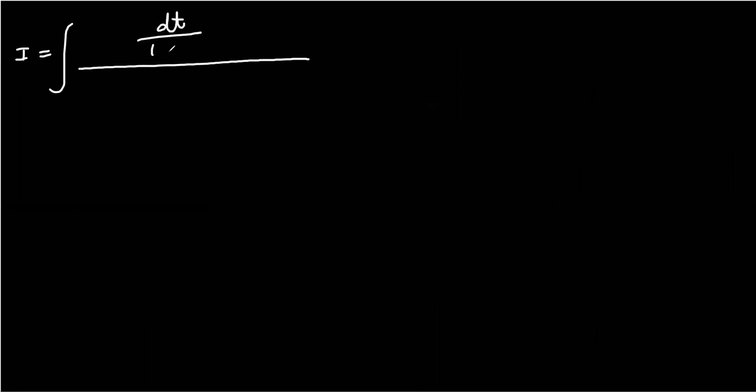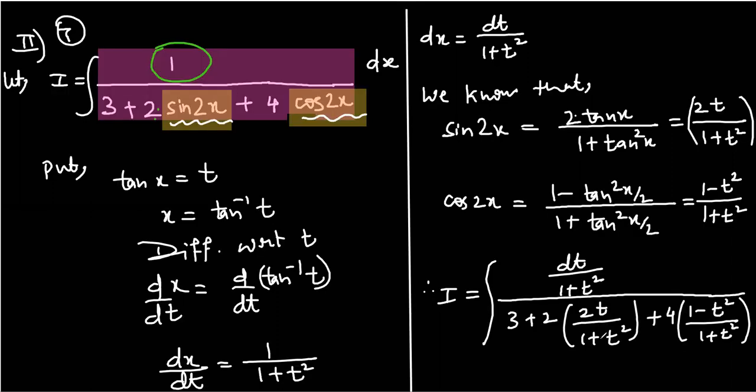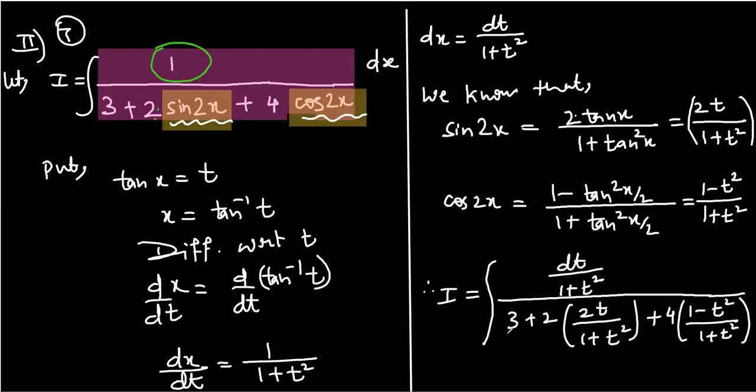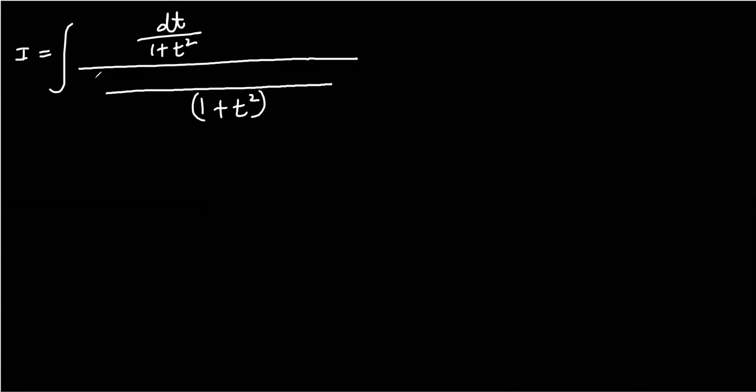You now have I equals dt upon 1 plus t square, and we shall simplify the denominator. Here 1 plus t square is the LCM of the denominator. The constant 3 has 1 in the denominator, so the first term you get is 3 times 1 plus t square.